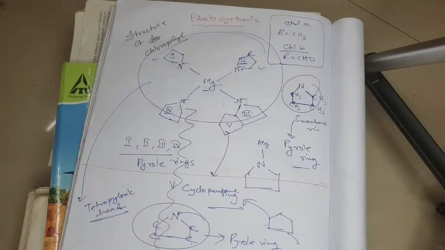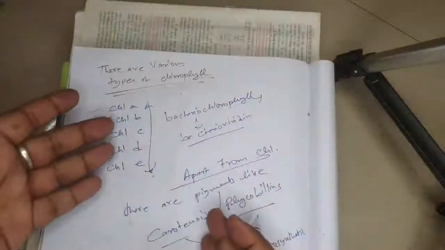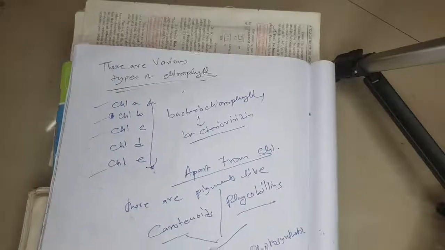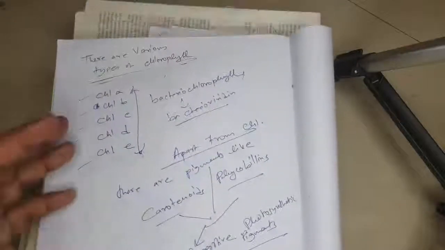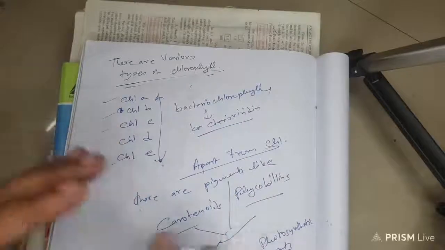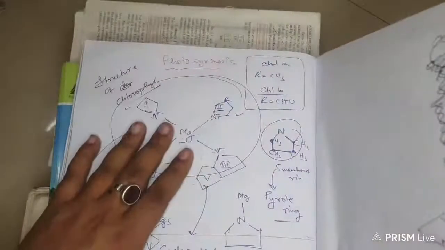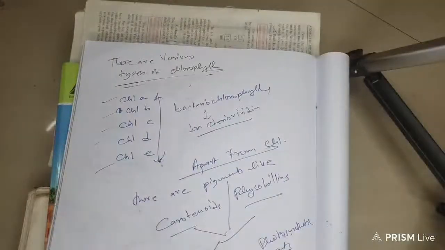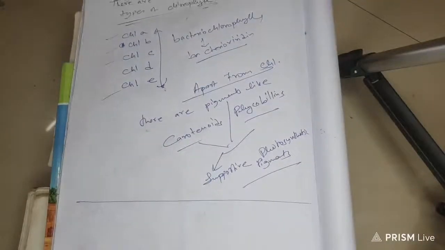I will not mention all the differences here, and they are not in your syllabus, but chlorophyll A, B, C, D and E differ from each other due to structural differences in the chemical assembly of the molecules.